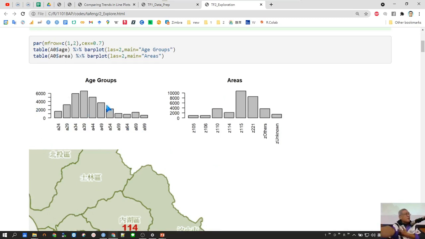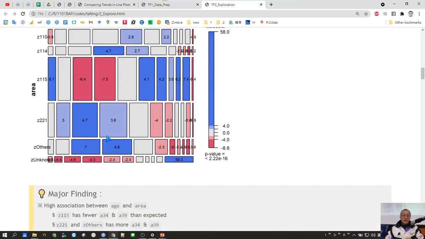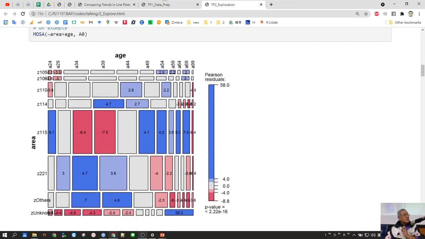The age group population, we use as our benchmark, right? And we want to see that in each of these areas, the age group distribution is less than or more than the common distribution, right? Okay, that's what we want to know.